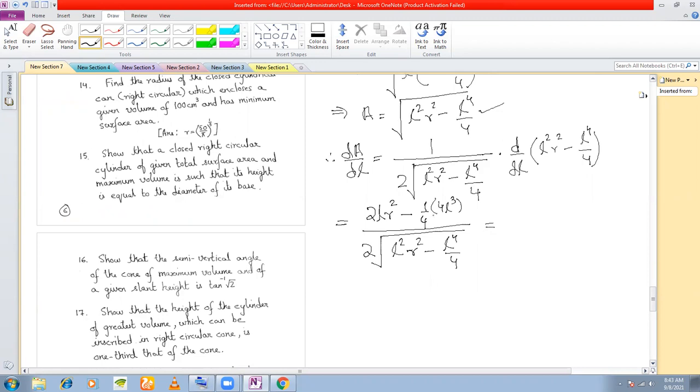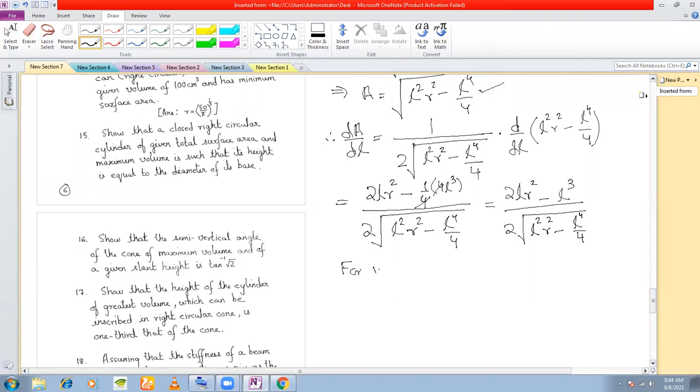So now this 4 and this 4 will cancel. So what are you getting effectively? 2L R square minus L cube divided by 2 root L square R square minus L to the power of 4 by 4. Okay.